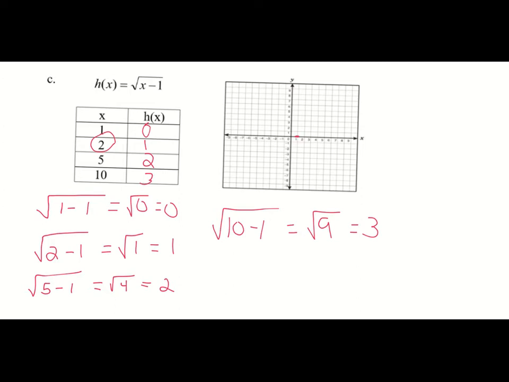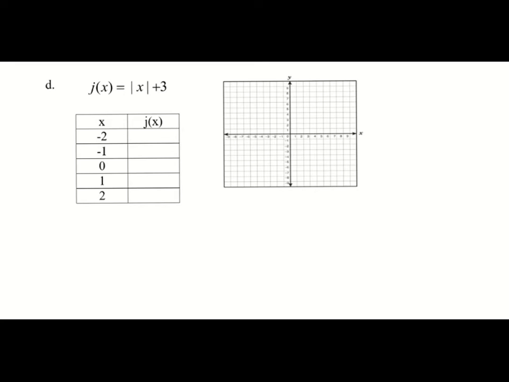Then we have 2, 1, which is right about there. 5, 2 is there, and then 10, 3 is right there. And a square root graph typically looks like half of that parabola. It's kind of hard to envision, but there is our function graphed.